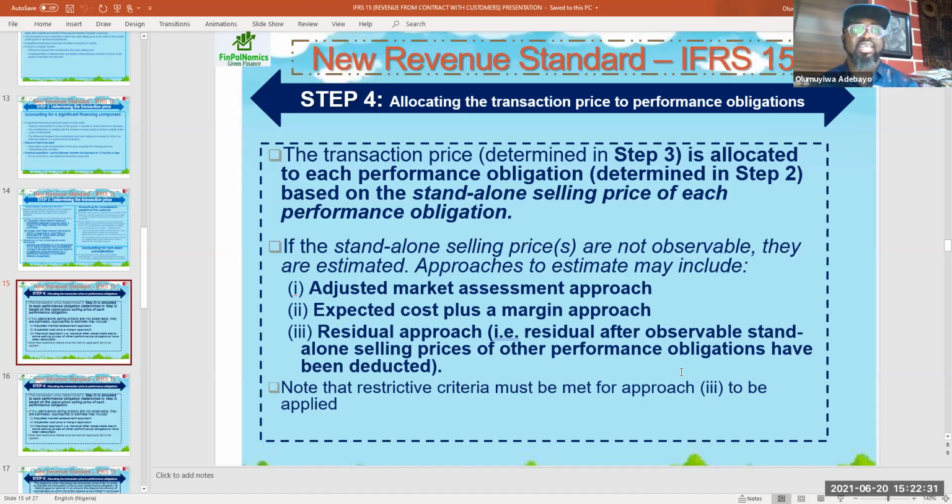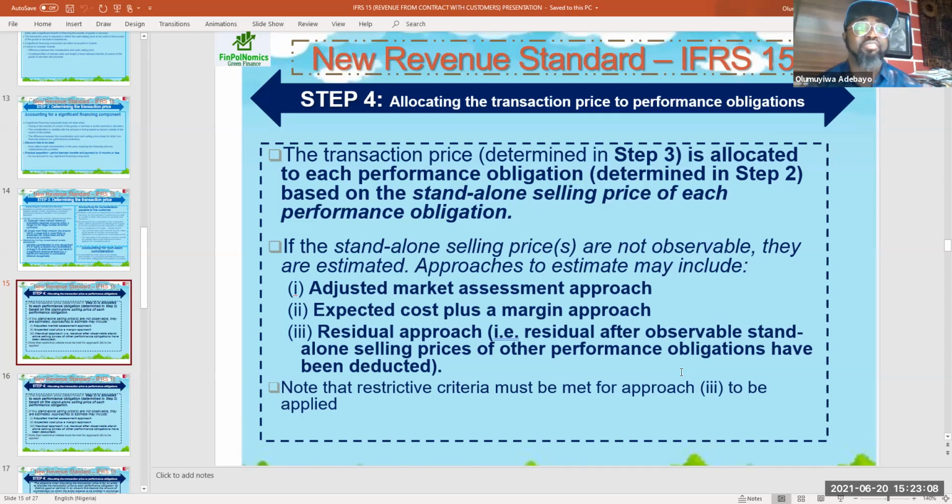Impliedly, $500 is deemed to be the transaction price attributable to having access to call lines, unlimited call lines for 12 months, which impliedly, on an average basis, if you divide $500 by 12 months, 500 divided by 12 would be $41.67.